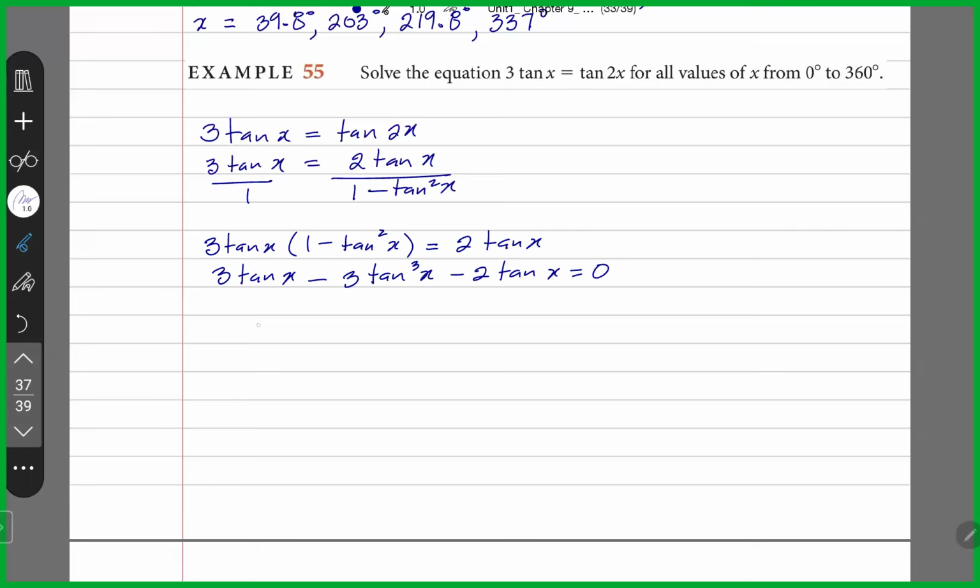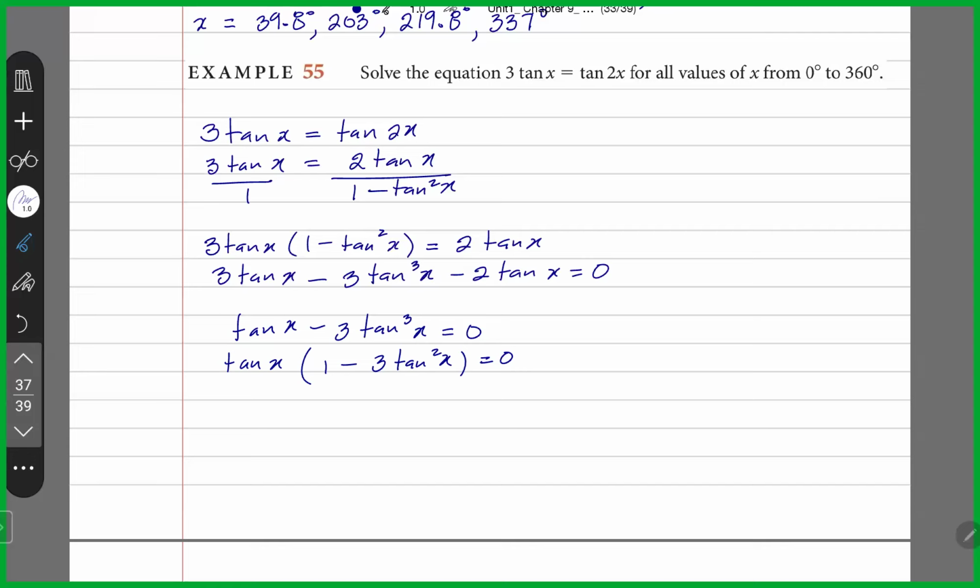So now 3 tan x minus 2 tan x is tan x, minus 3 tan cubed x is equal to 0. Tan x is common, so I have tan x times 1 minus 3 tan squared x is equal to 0.